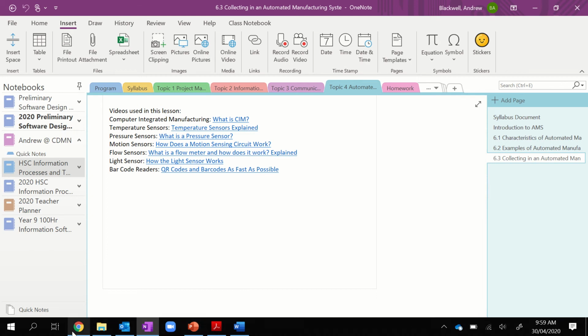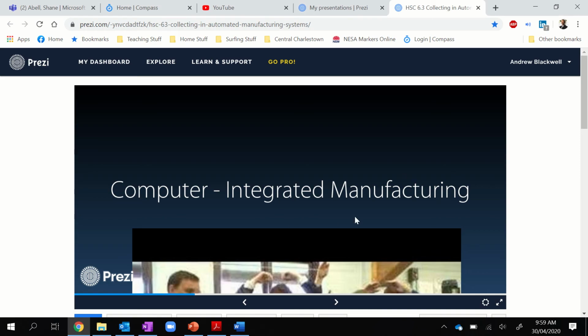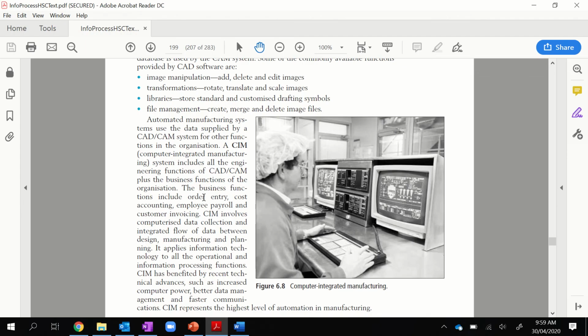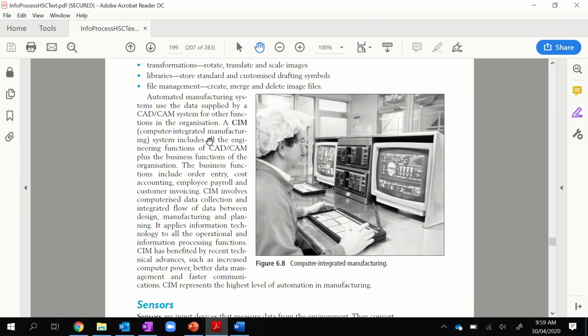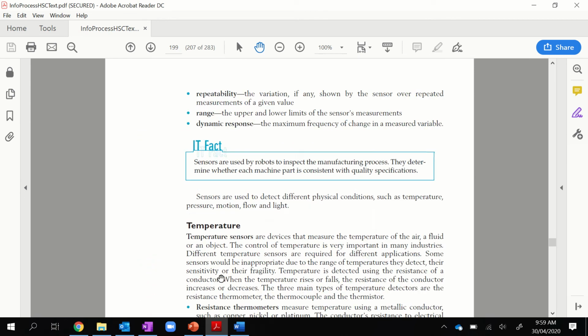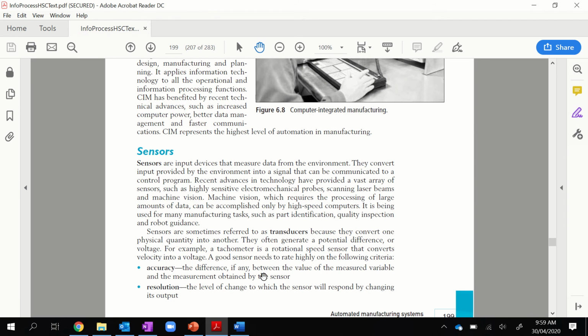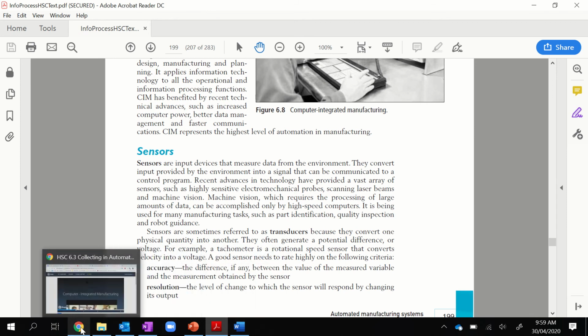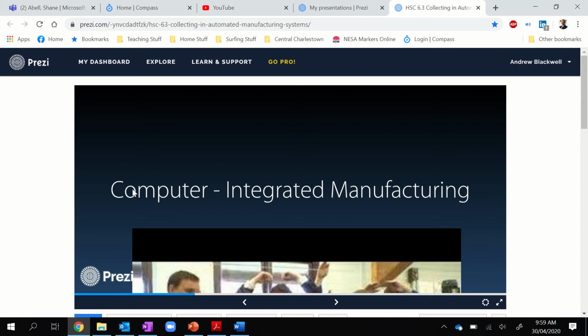I do also have in the Prezi a little bit of a muck around video about CIM, which gives you an idea of what that is. And you can also use the textbook to write some notes about what CIM is, and then we're going to move on to sensors. So pause this video and then watch the videos about what a CIM is.